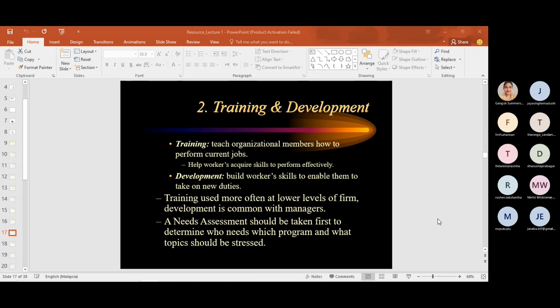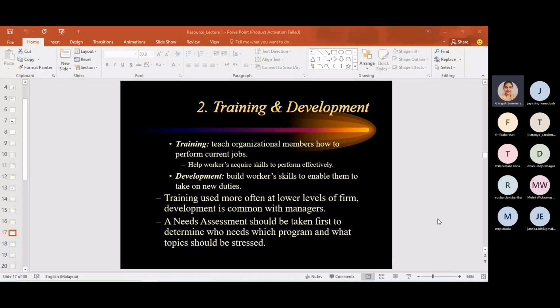Yes. Okay, all right. So, training and development. Training is provided to teach your members how to perform your job role. Once you are hired for a certain job, there is a specific job role that you have to perform, right?